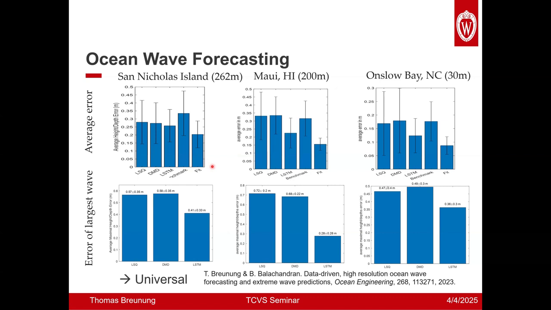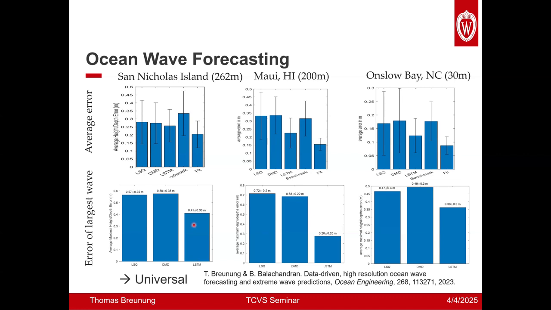So we have done ocean wave forecasting for various buoy locations, and we see that our methods employing neural networks with LSTM cells in the forecasting steps outperformed the relevant benchmark by about 25%. And we can also very accurately forecast large waves employing neural networks.